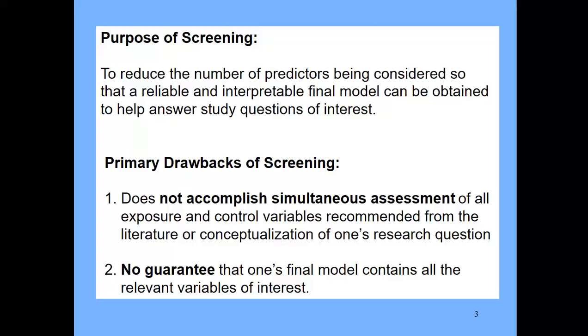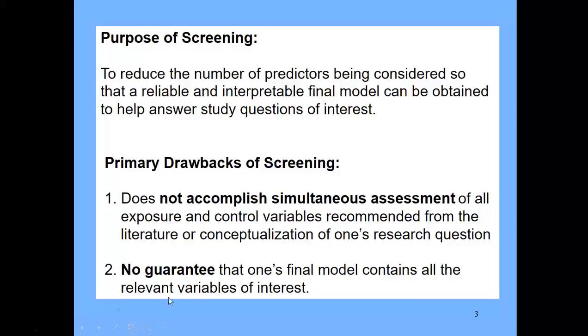So if you drop a bunch using screening, you're not doing what you wanted to do, which is consider them all together. That's a drawback. But you're trying to get something done, which is a positive thing.